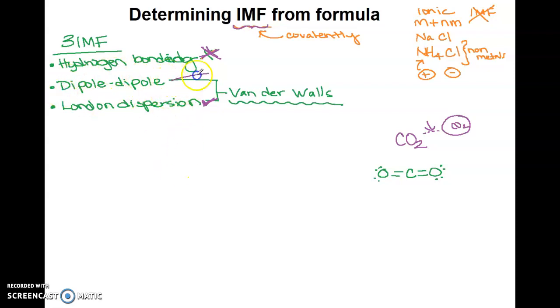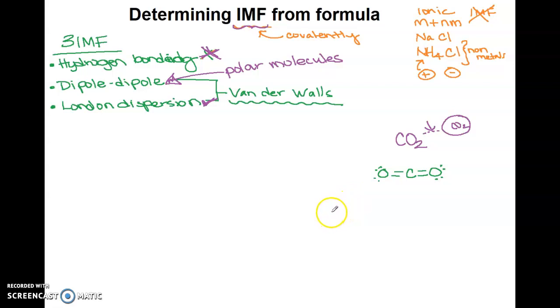So dipole-dipole is for polar molecules. You can even hear it, dipole, 2 poles, polar molecules. So really what we're asking is, is carbon dioxide polar or not? And again, this is going to make you look back on some previous content.